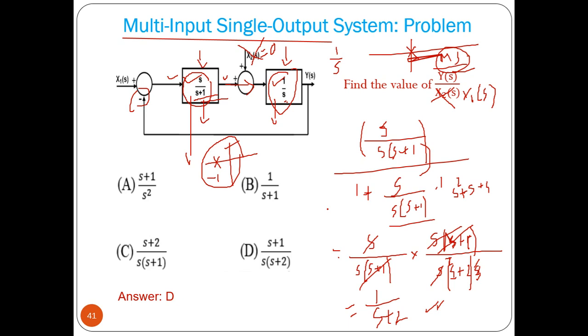So for the answer D, this is the answer when your x1 is 0. If we have only x2 for this system, for stability purposes, we have two poles at s equal to 0 and a zero at s equal to minus 1.